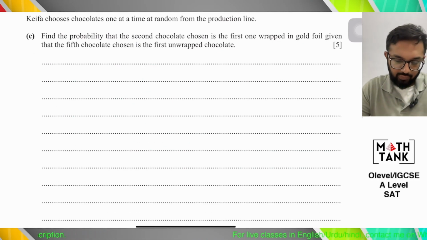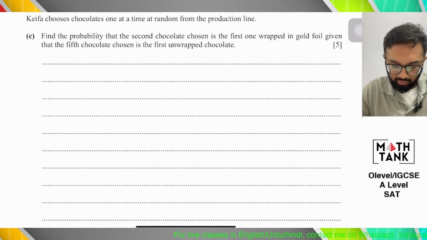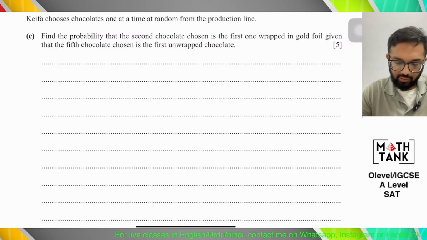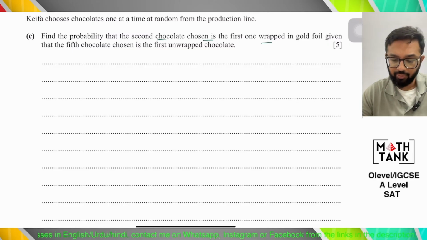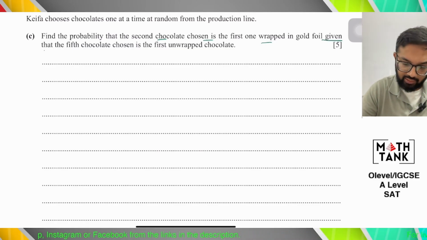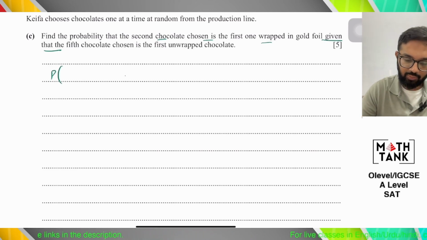Okay, this is Kaifa, who chooses chocolates one at a time at random from the production line. Find the probability that the second chocolate chosen is the first one wrapped in gold foil, given that the fifth chocolate chosen is the first unwrapped chocolate. So given that is conditional probability.